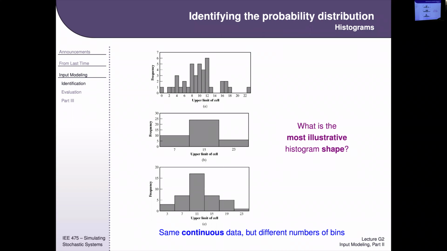So when you're histogramming, don't take Excel's word for it. If you end up getting something that looks like one of these two, then go into that histogram properties and change the number of bins and see if the shape changes a whole lot. If I make my bins go way too high, things will start looking like this. If I make my bins go way too low, it'll start looking like this.